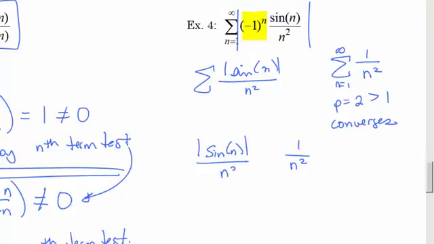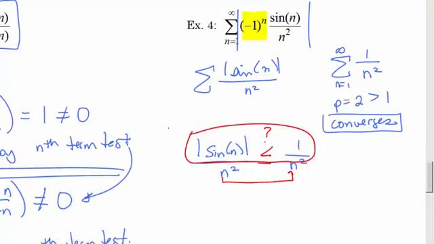and this one, and if this converges, then I have to show that the absolute value of sine of n divided by n squared is less than or equal to 1 over n squared. Well, the good news is those are the same, so I just need to look at the numerator. Well, as I stated earlier, the sine of n goes from -1 to +1, and the absolute value of the sine of n is always going to be less than or equal to 1.